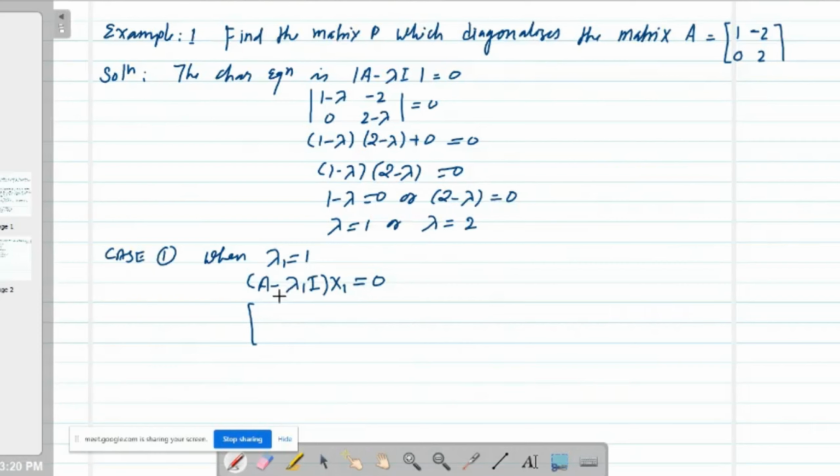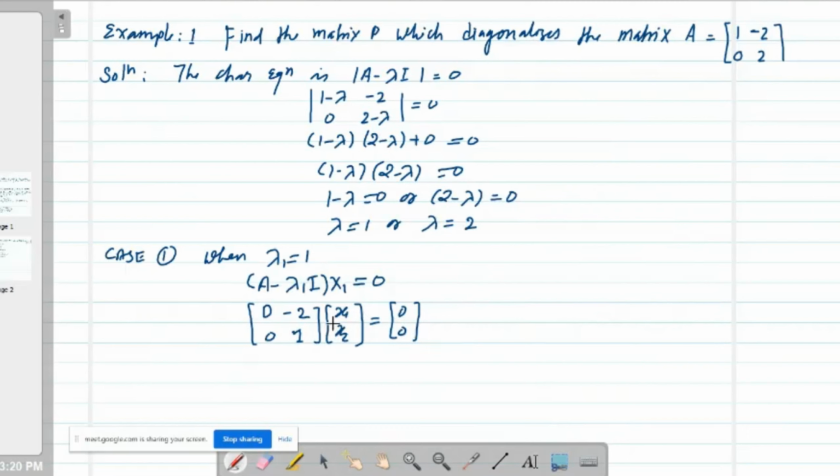So if I put 1 here, you will get 1 minus 1, that is 0, and minus 2, and 0, and here 2 minus 1, that is 1. And your eigenvector is the column vector x1, x2, that is known as the eigenvector, and this is 0, 0.